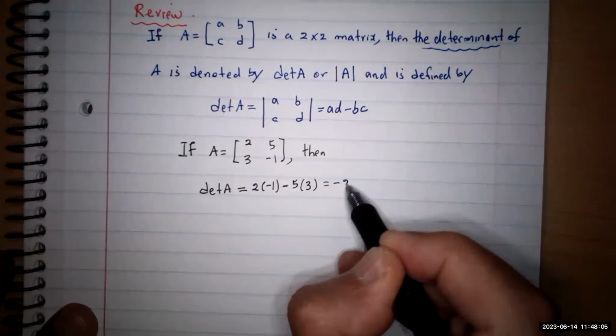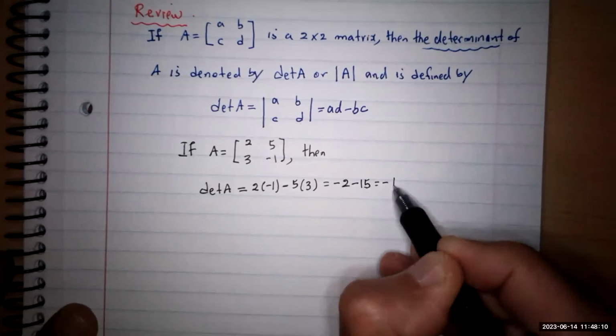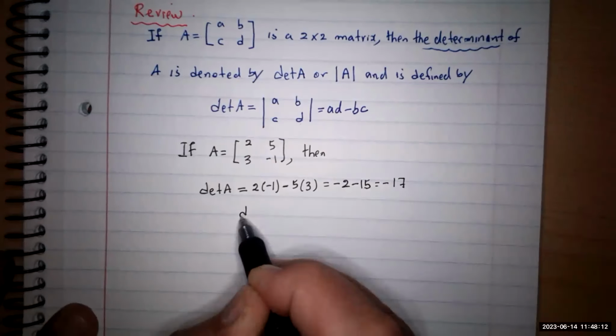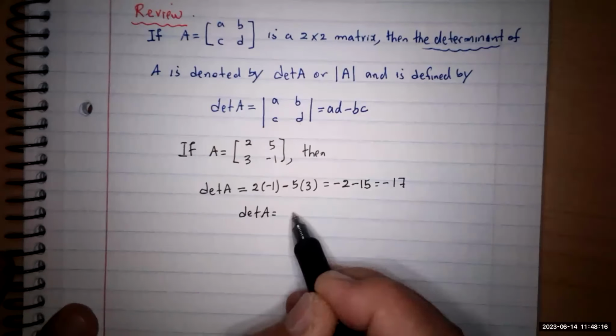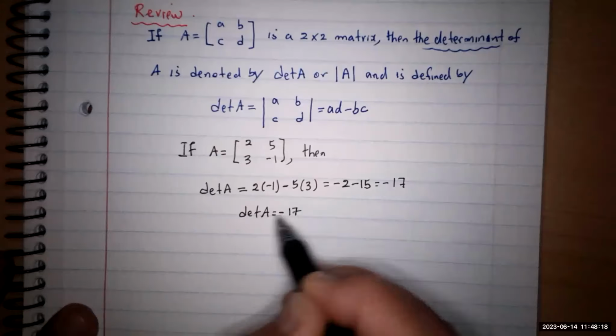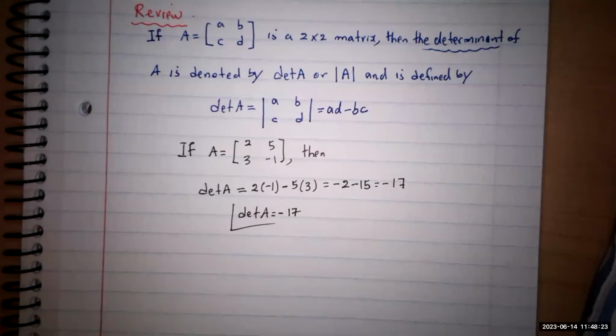So it's going to be -2 minus 15, which is -17. So the determinant of A is equal to -17. This is the case for a 2 by 2 matrix.